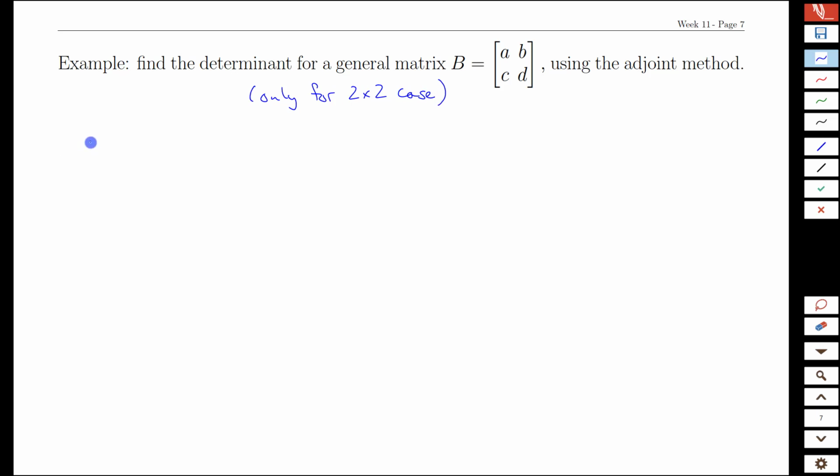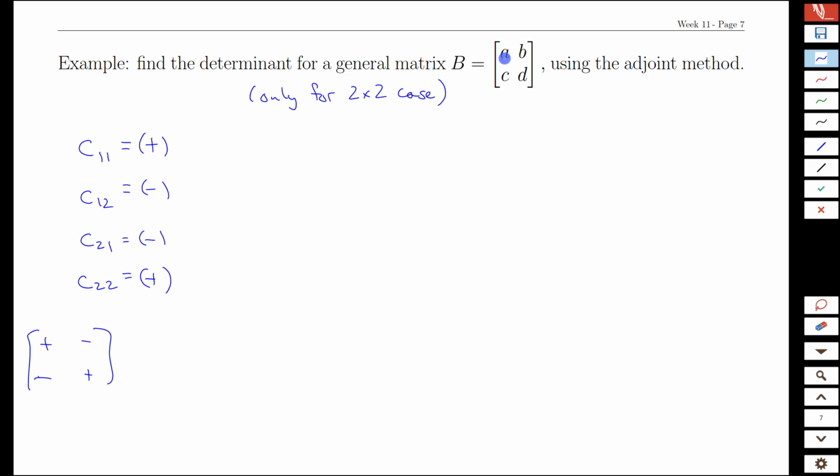And so let's just recap what we did before. C11, C12, C21, C22. We had our little checkerboard signs of plus, minus, minus, plus. They alternate as we move down or right. And so C11 is a positive something. The other ones have negative coefficients for those two, and then 2, 2 is positive.